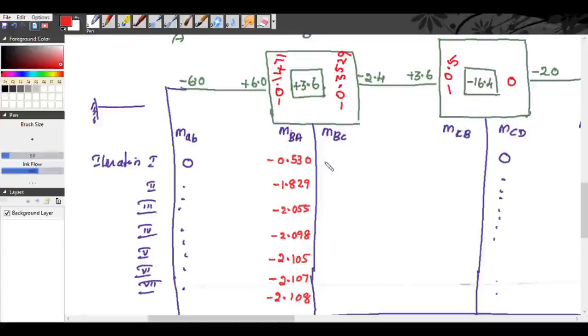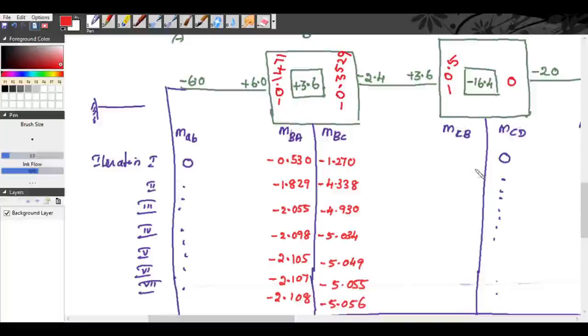For MBC, the values are minus 1.270, minus 4.338, minus 4.930, minus 5.034, minus 5.049, minus 5.055 and minus 5.056.